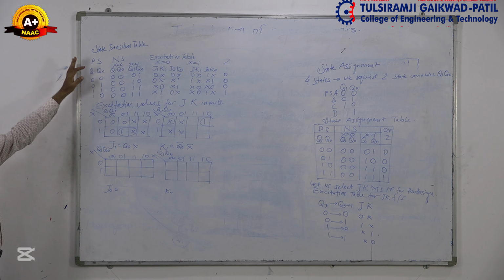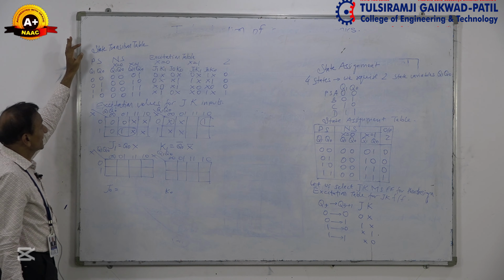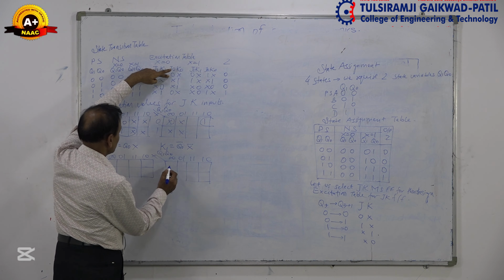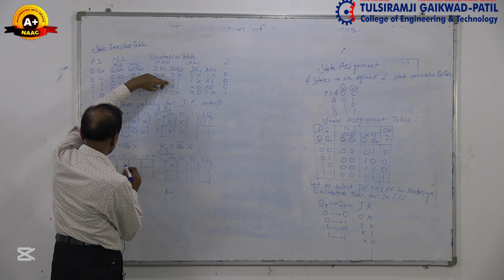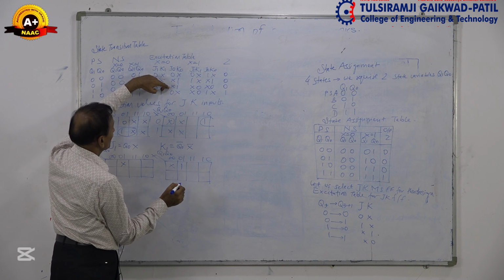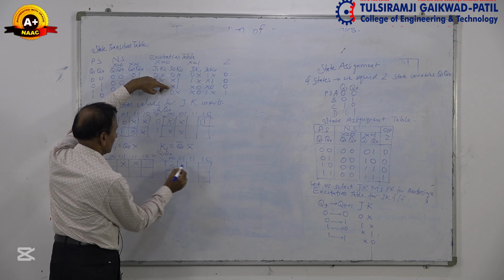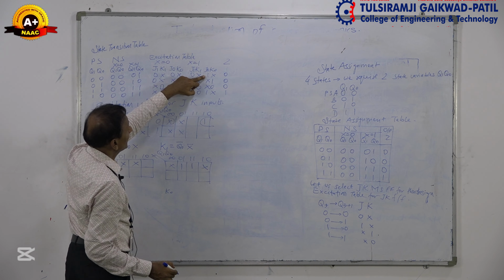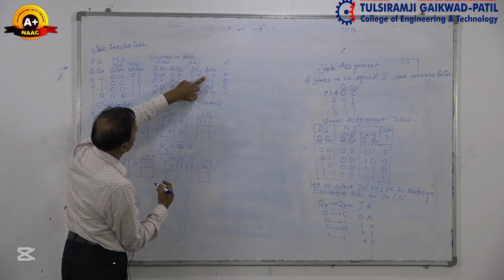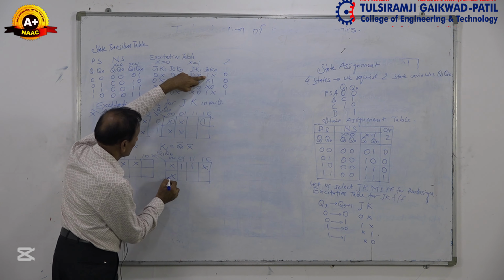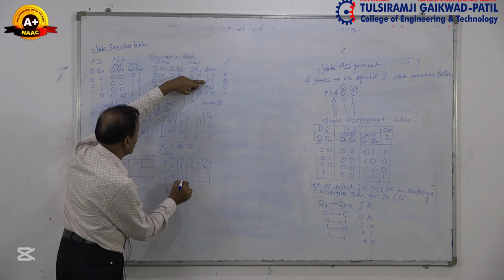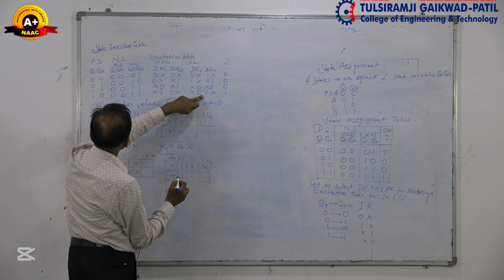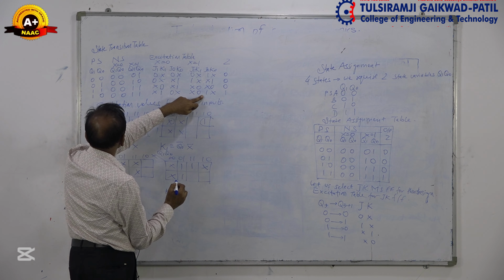Now let us fill the values of J0 K0 here. Box number 0 is 0, don't care. Box number 1 is don't care, 1. Box number 3 is don't care, 1. And then 0, don't care. Now for x equal to 1, it is 1, don't care, 1, don't care, 0, and 1, don't care.